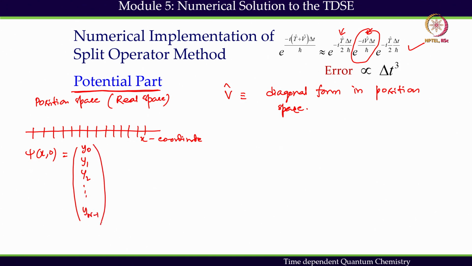Details of this discretization have been discussed already in Python tutorial 2, and one can review that quickly. If we have this discretized representation of the wave function, remember the right hand part of the time evolution involves e to the power.